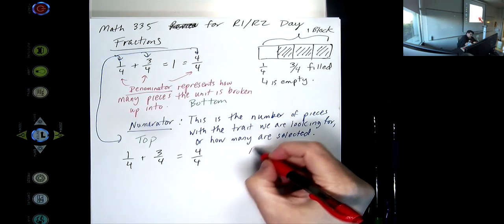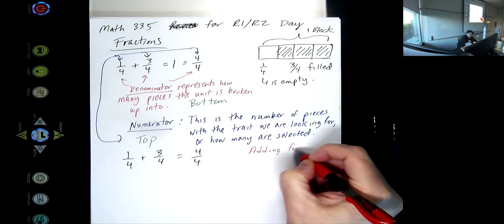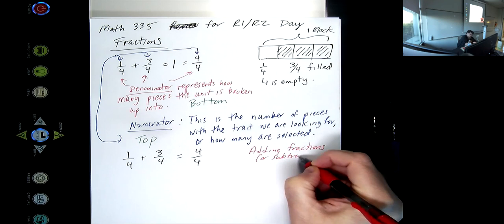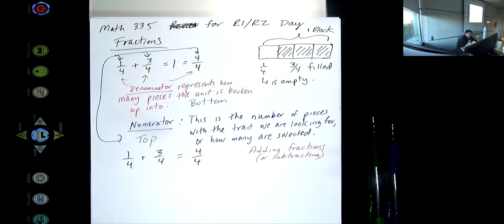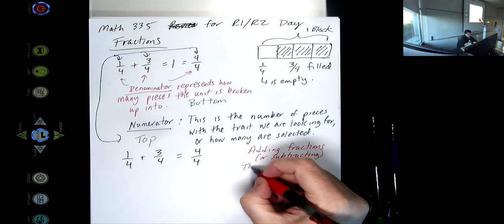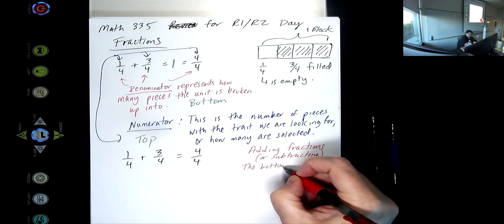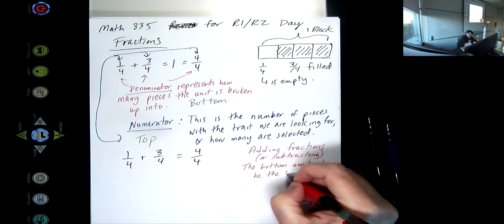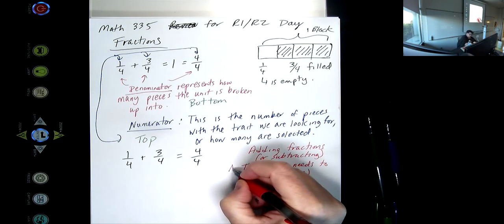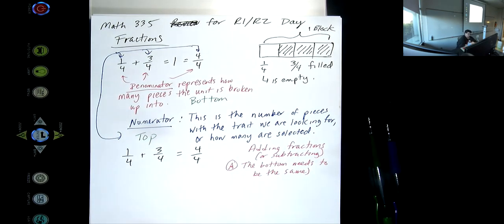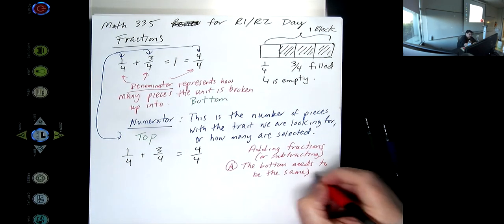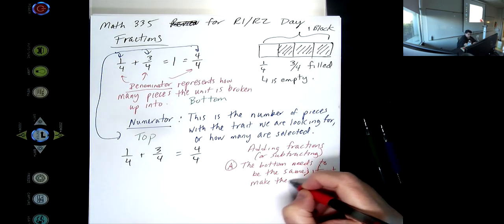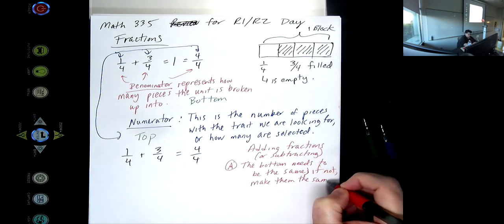When adding fractions or subtracting, the bottom needs to be the same. So that's important. Notice step 1A. The bottom needs to be the same, and if not, make them the same. And we'll do that on the next little bit.